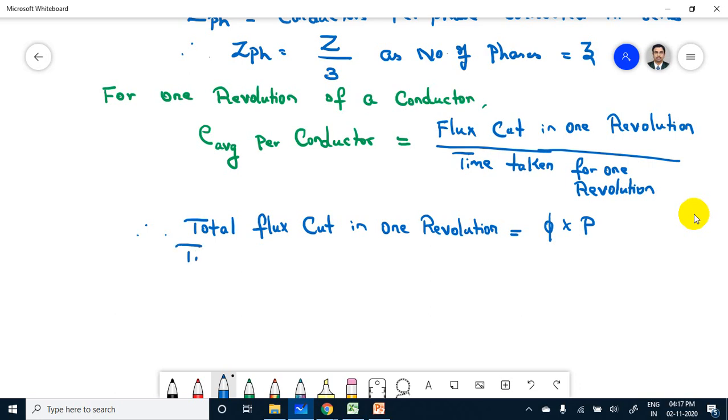And the time taken for one revolution is equal to 60 divided by Ns, in seconds.